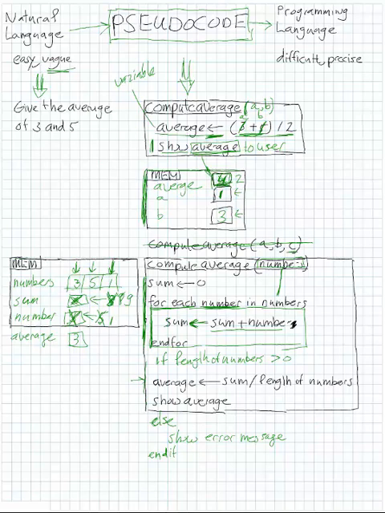So if this part, length of numbers greater than 0, is true, and we call this part the condition, then the statements are executed below if and above else. And if the condition is not true, the statements are executed below else and above end if.